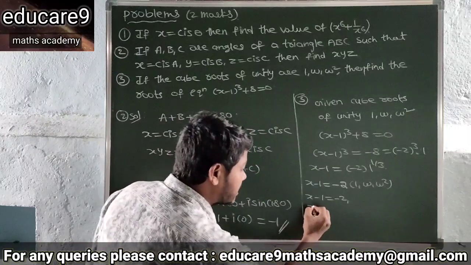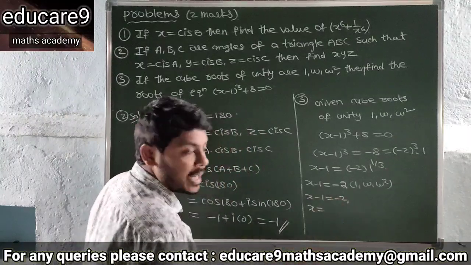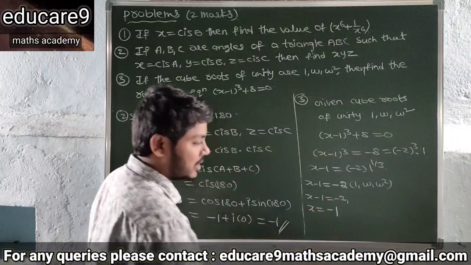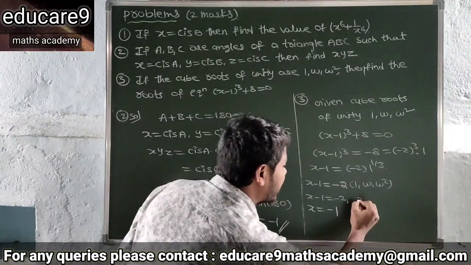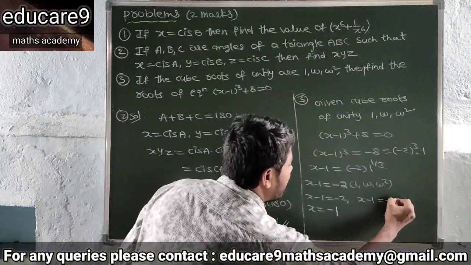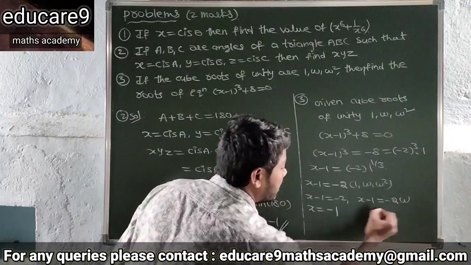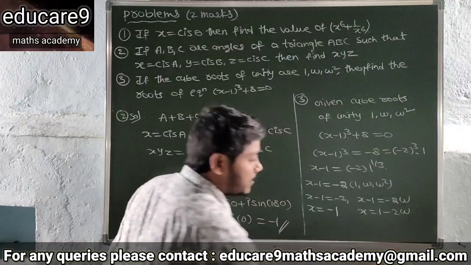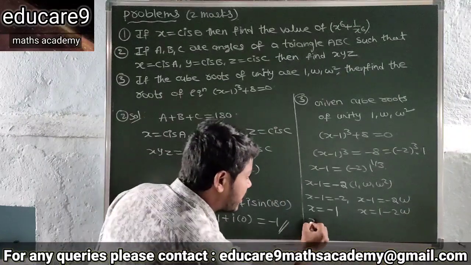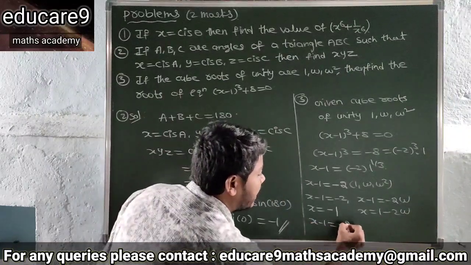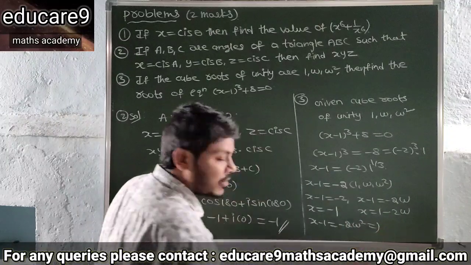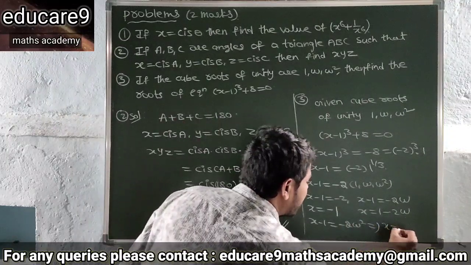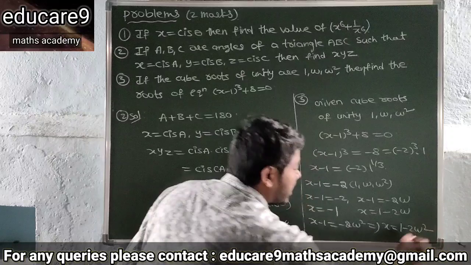So clearly what is x value? Minus 2 plus 1, you will get minus 1. And second one, x minus 1 is equal to minus 2 omega. So clearly x is equal to 1 minus 2 omega. And last one, x minus 1 is equal to minus 2 omega square. So from this x is equal to what? 1 minus 2 omega square.